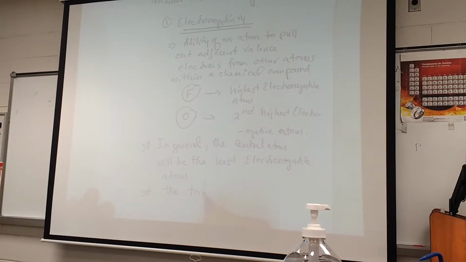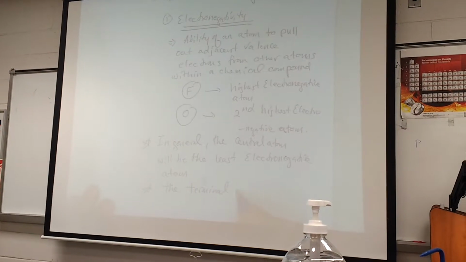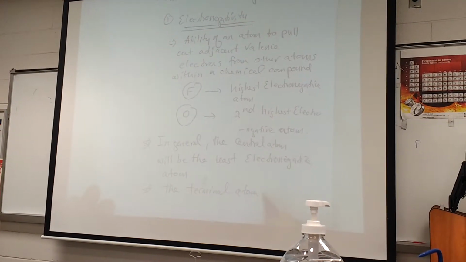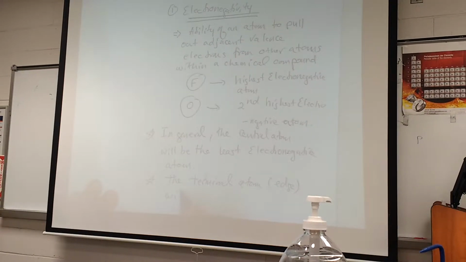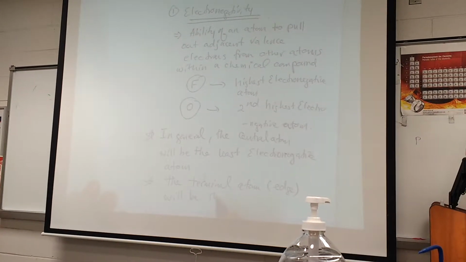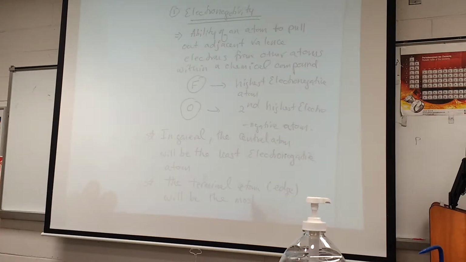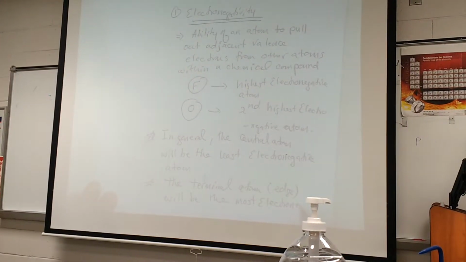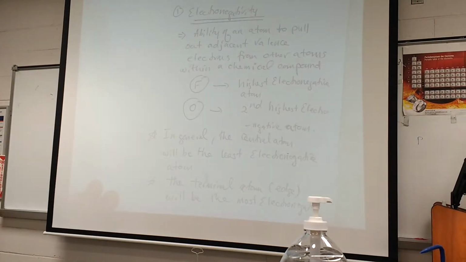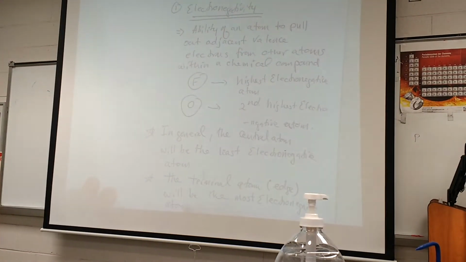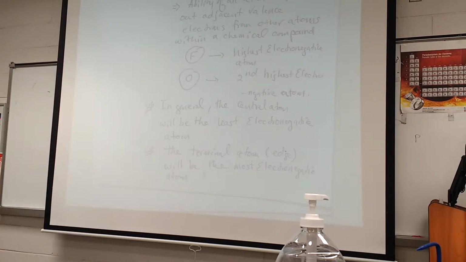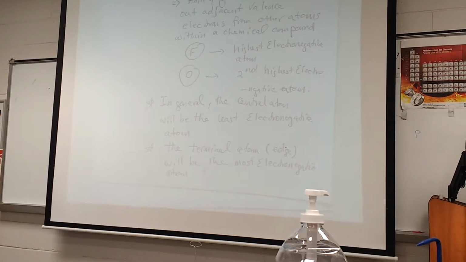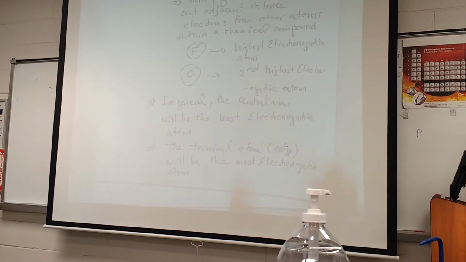The terminal atom, which is the edge, will be the most electronegative atom. So we know that the most electronegative will be at the edge, and the central will be the least electronegative.